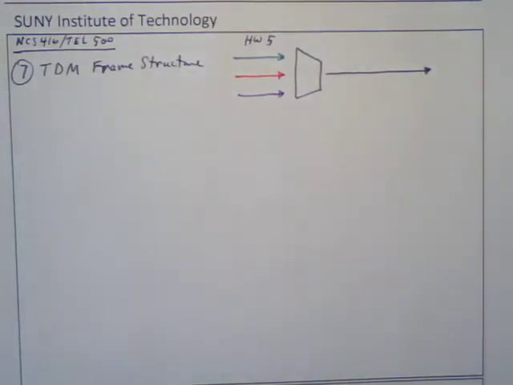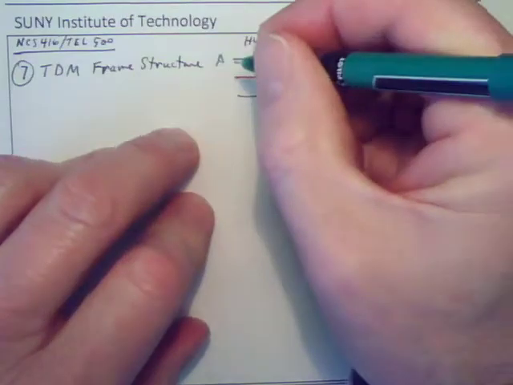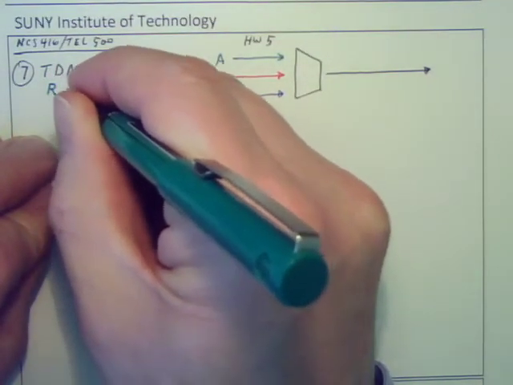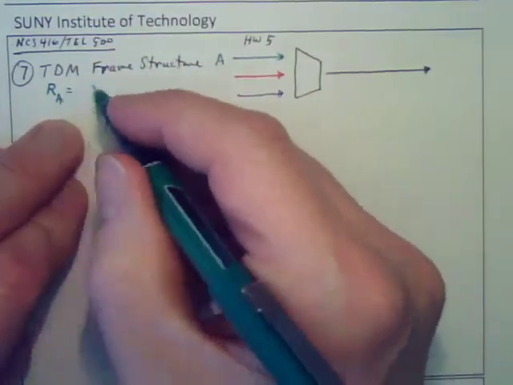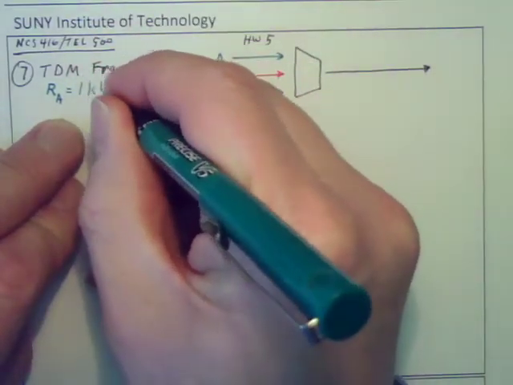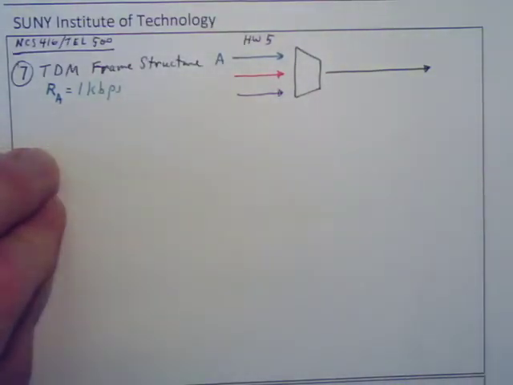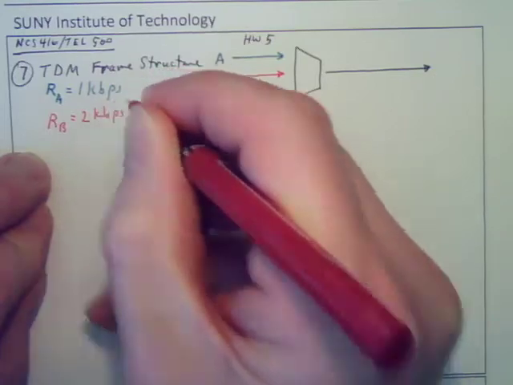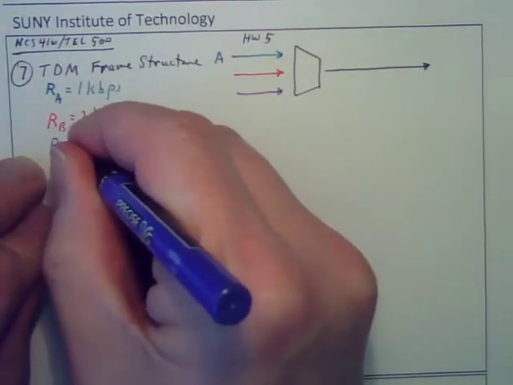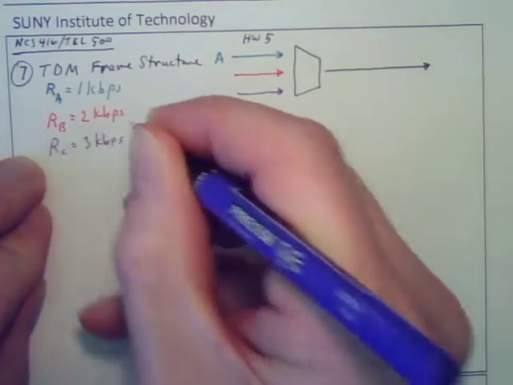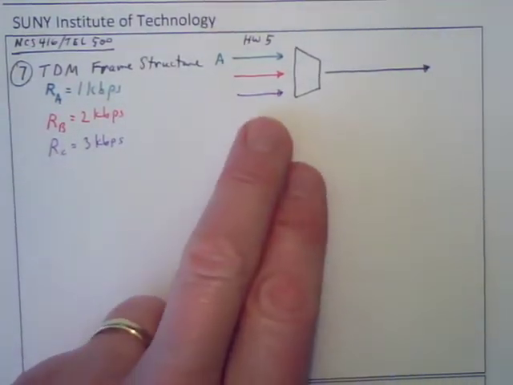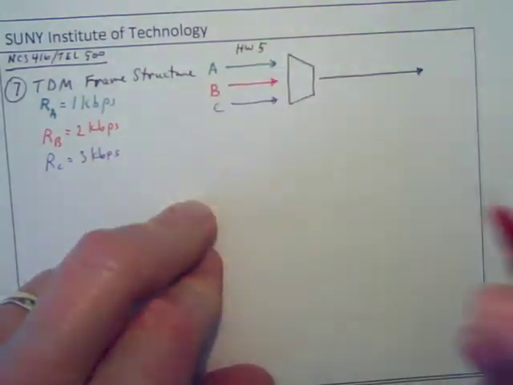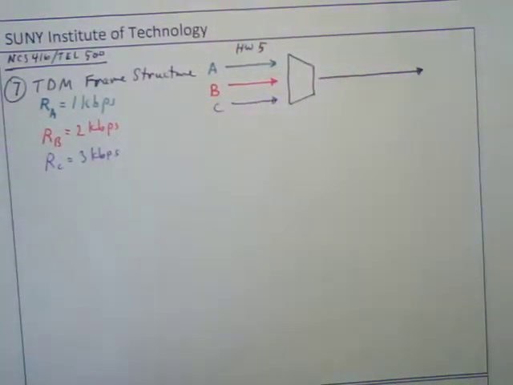The data rate for A, RA, is 1 kilobit per second. The bit rate for B is 2 kilobits per second, and for C is 3 kilobits per second. As we multiplex these together, there's C, here's B.